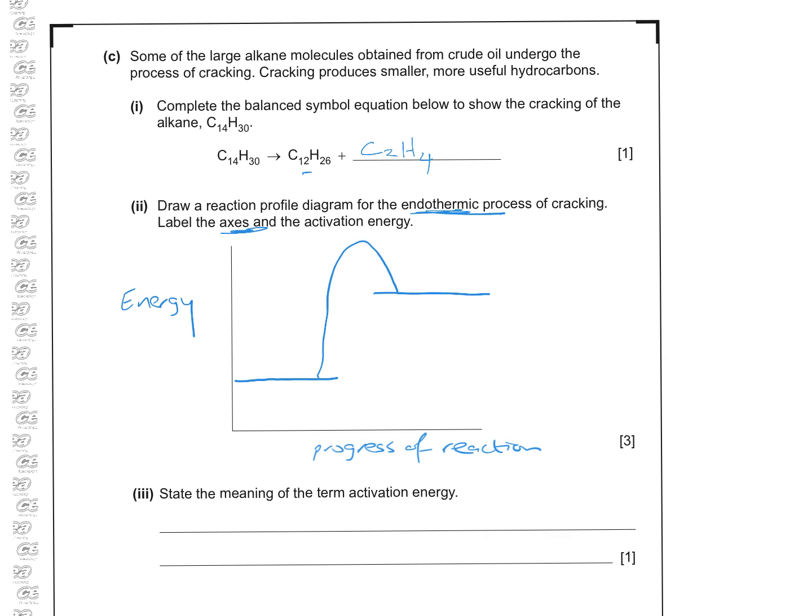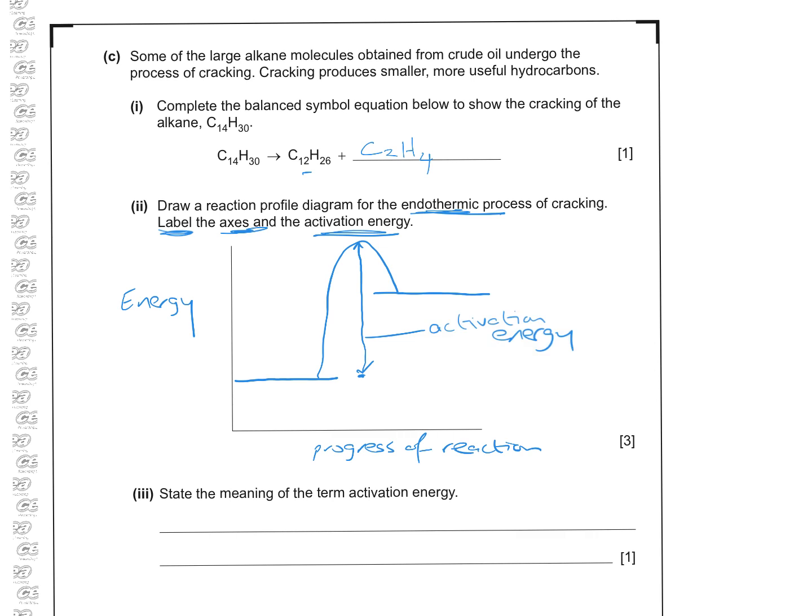Now, one more thing to do is to label the activation energy. Well, activation energy always goes from the reactants to the peak of the hump, or the peak of the reaction pathway. So it's going to be from here all the way up to here. The question does indicate that it has to be labelled, so I'll just write that in. Now I want to just do one more thing here.